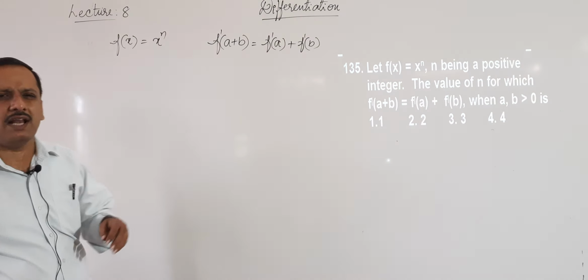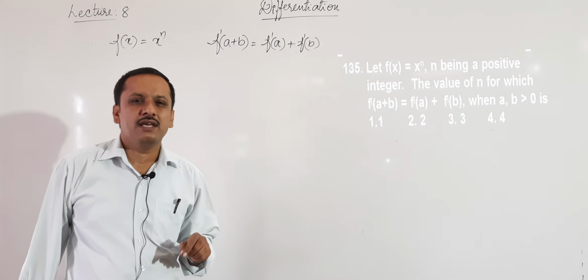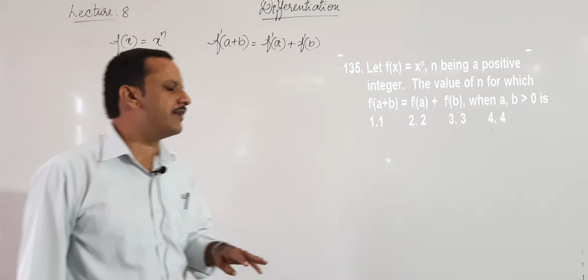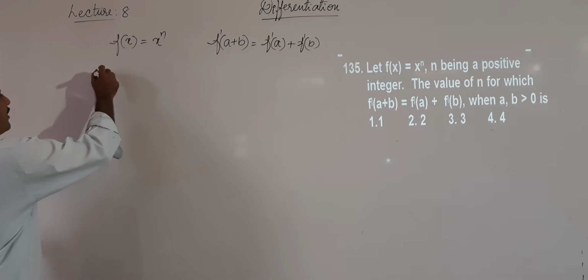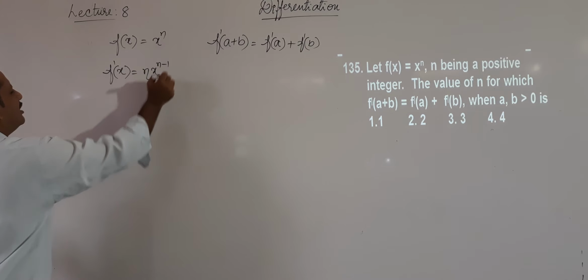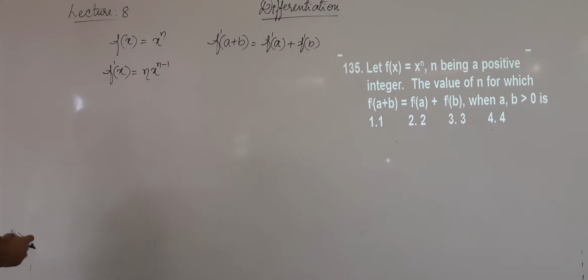We want the value of n such that f dash of a plus b is equal to f dash of a plus f dash of b. Okay, find out f dash of x. F dash of x is equal to n into x power n minus 1.